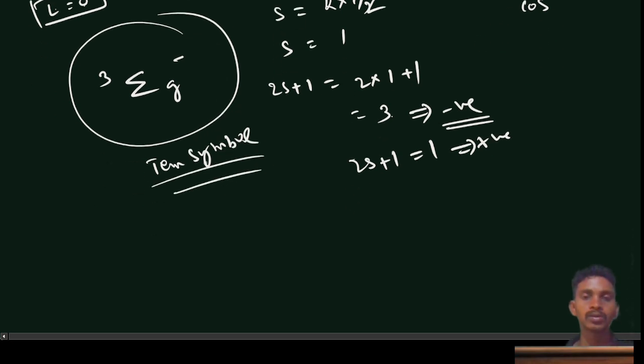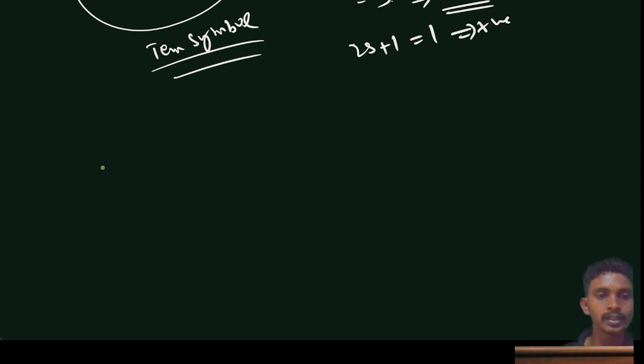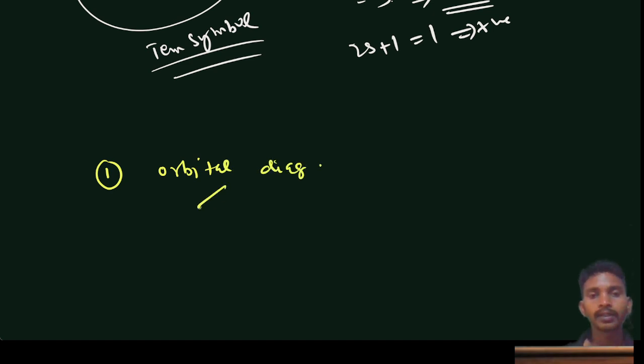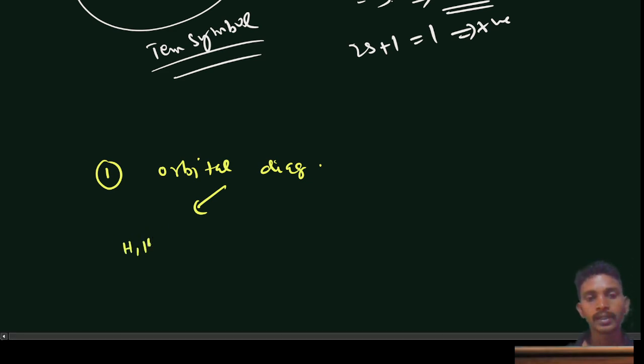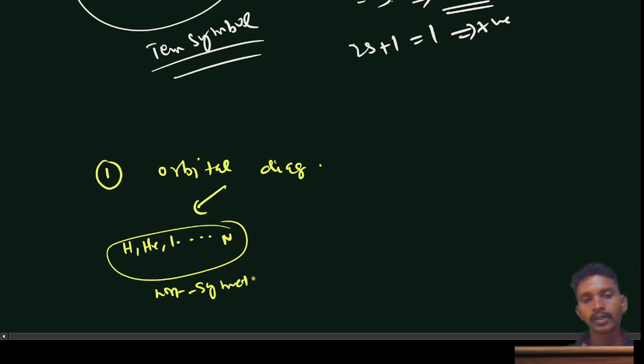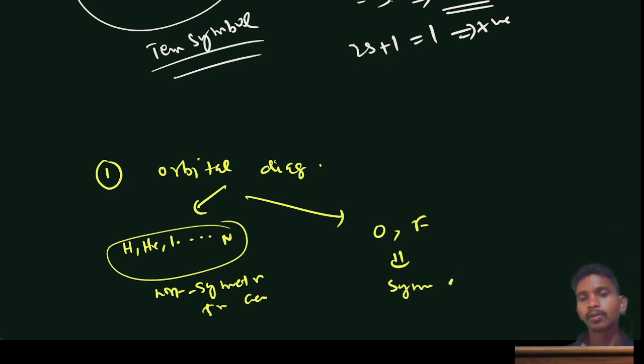Okay, so for that, actually you have to remember only these points. First point is that you have to remember the orbital diagrams. For hydrogen, helium, lithium, up to nitrogen, the orbitals are non-symmetric from the center, and for oxygen and fluorine they are symmetric from the center.